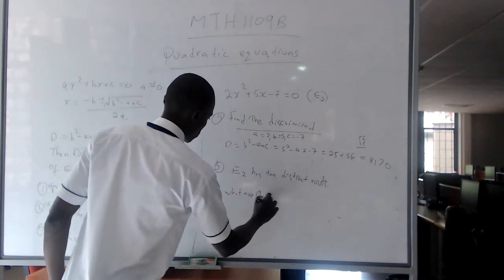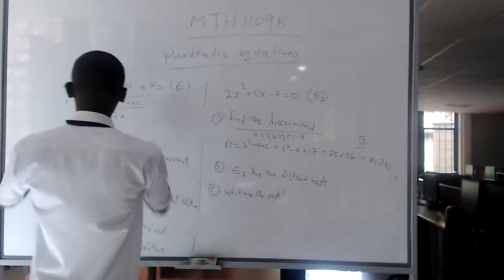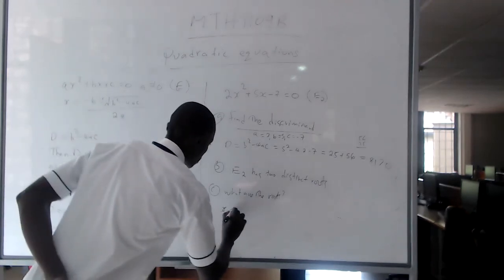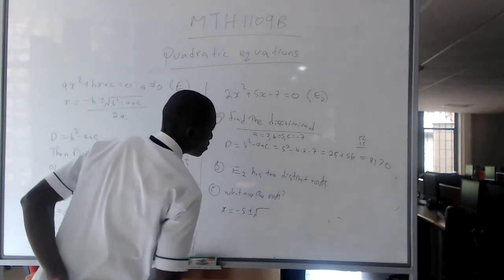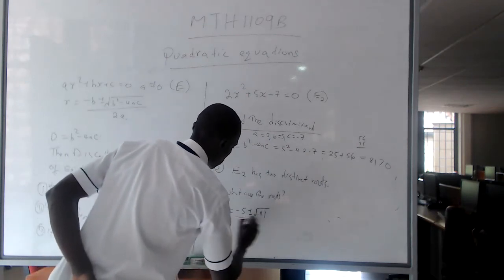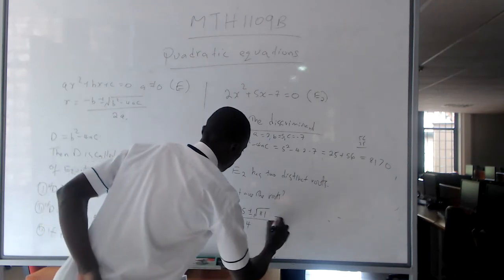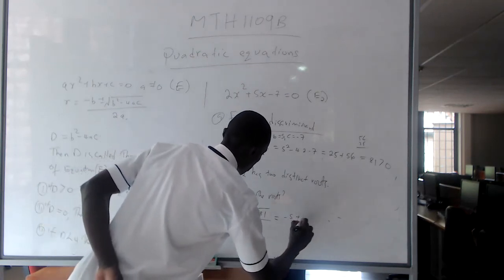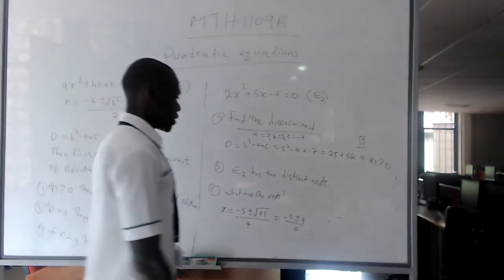What are the roots? So the roots will be, by the formula, x is minus 5 plus or minus the square root of the discriminant, which is 81, divided by 2 times 2, that's 4. So this will give me minus 5 plus or minus 9 divided by 4, where 9 is the square root of 81.